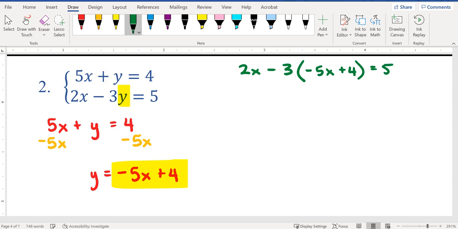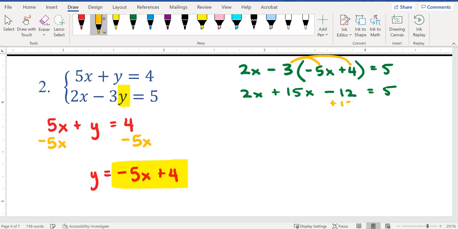You have a linear equation in one variable. Now go solve for x. First thing I need to do is distribute: 2x plus 15x. Be careful, negative times a negative is a positive. Minus 12, and that's going to equal 5.